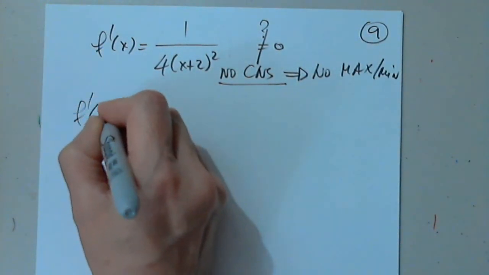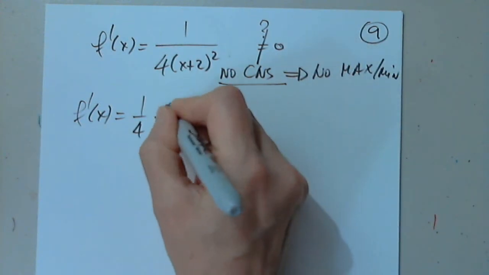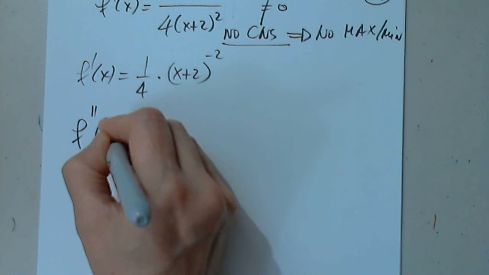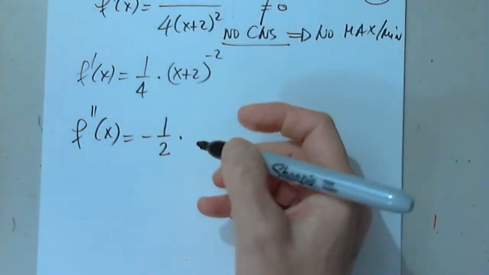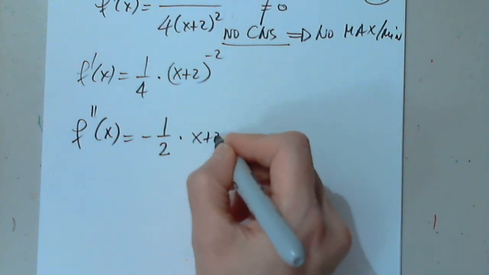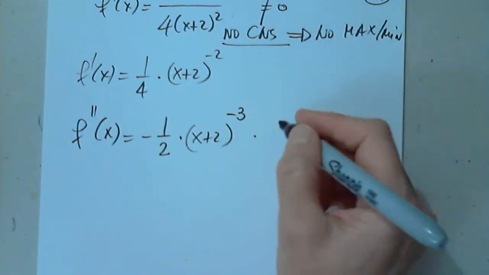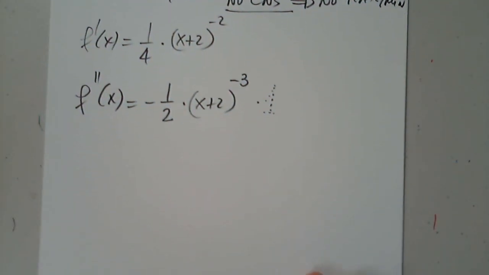So f prime, I'm going to write it like this, because I think it's easier. So the second derivative, bring down -2: -1/2 times x plus 2 to the -3, times the inner function prime. Always say times the inner function prime, always.